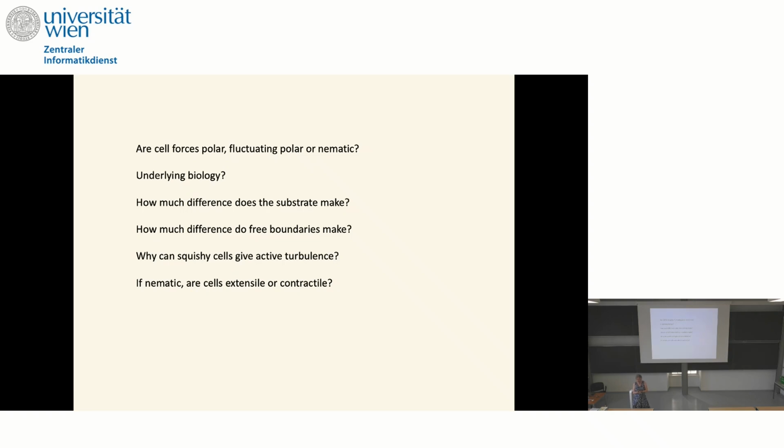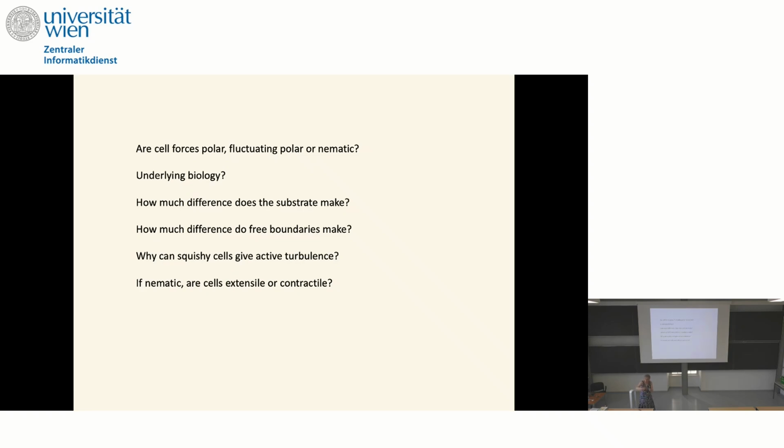My best guess about what causes the active turbulence is either that the cells are actually pulling on each other, so they're sort of squishy cells pulling their neighbors, and that force must be nematic because the cells pull on each other in a reciprocal way. So that would be possible. Another possibility, pointed out by Cristina Marchetti and also people at Imperial, is that it's actually polar forces pulling on the surface, which normally would give you flocking.